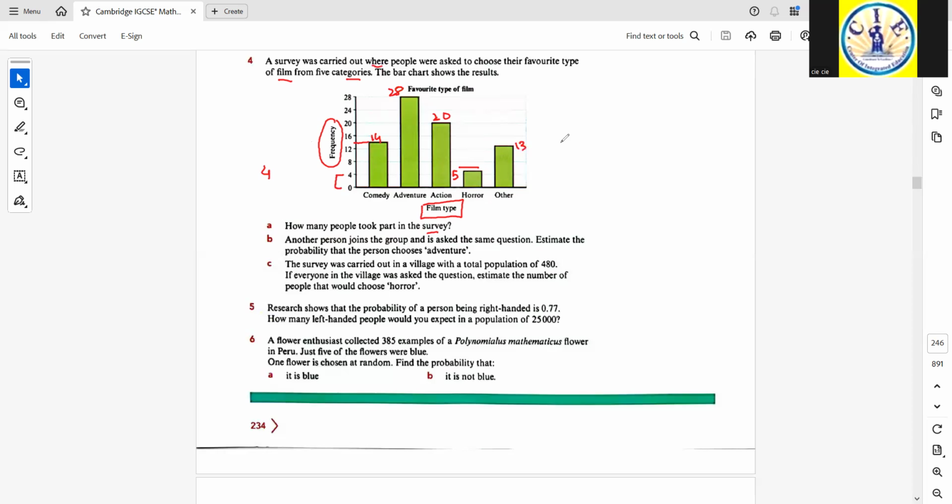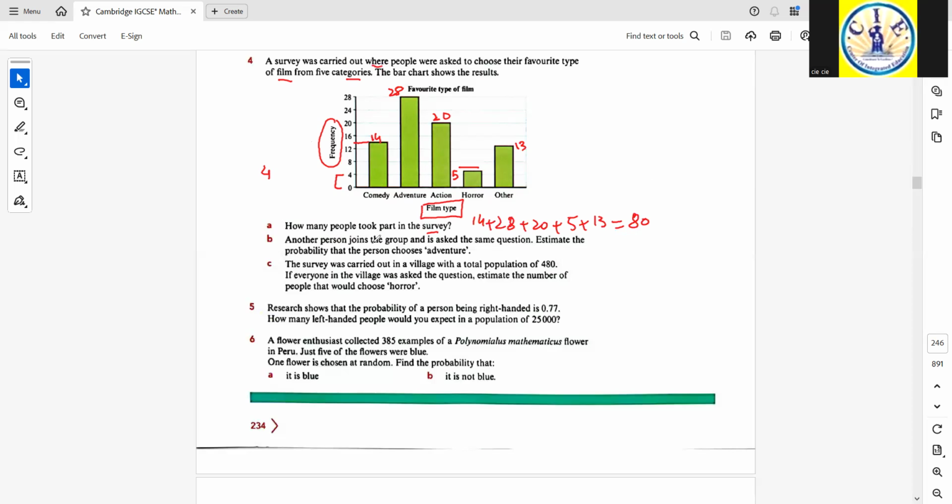So adding them up, we can have the total number of people, which is 14 plus 28 plus 20 plus 5 and plus 13, which is 80. So 14 plus 28 plus 20 plus 5 plus 13, that is 80 people took part in the survey.